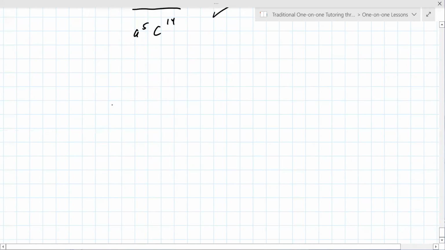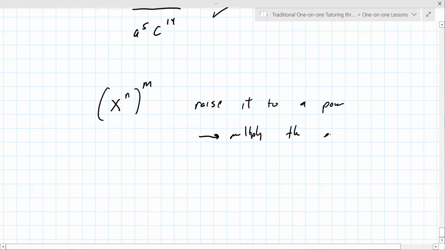The last property is that if you have x to the n and you raise it to an exponent, so you raise it to a power, this time you multiply the exponents.